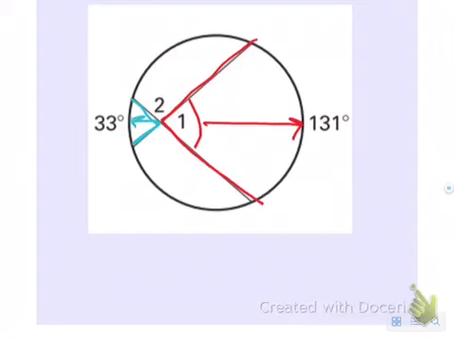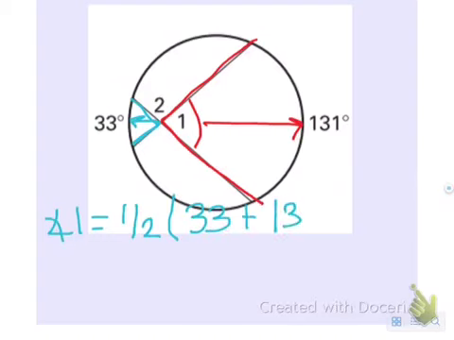So if I use the formula to find angle 1, I'm going to say angle 1 is equal to half of the sum of the two intercepted arcs. So one arc is 33 and the other arc is 131. Now if I work this correctly, following the order of operations, I need to work my parentheses first.